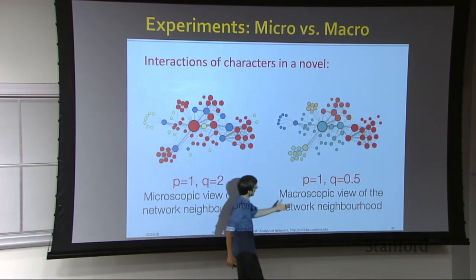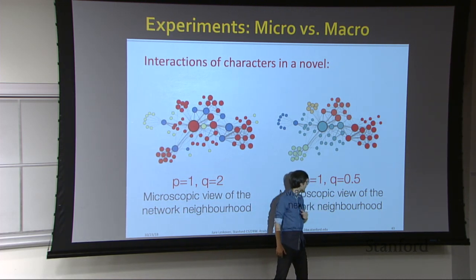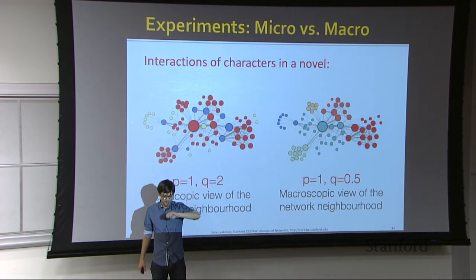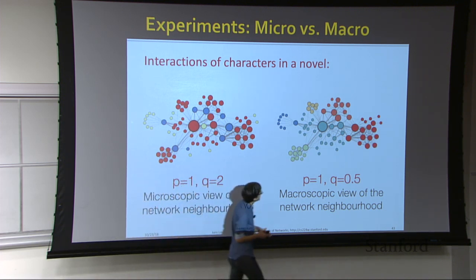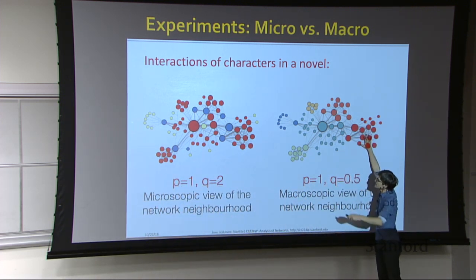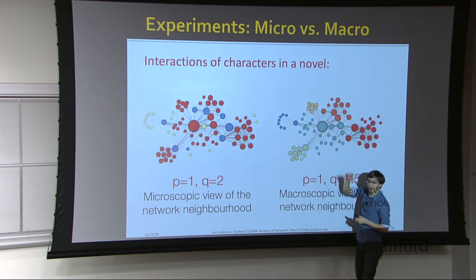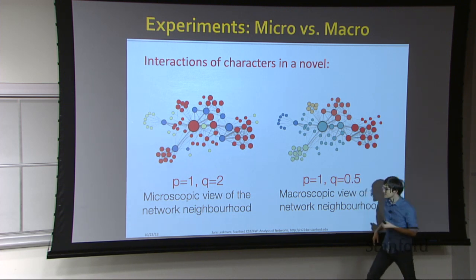And here, for example, we have a high value of P and a low value of Q. So it means we are doing more depth first search type of exploration. So we go farther out in the network. And you notice how the nodes that are close in the embedding correspond to almost like communities in the network, right? For this set of parameters.